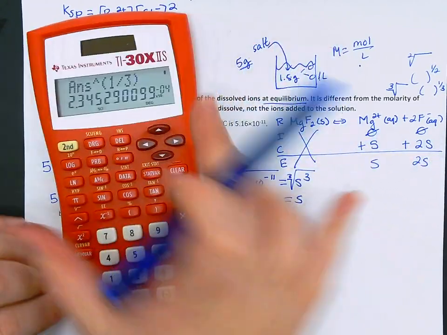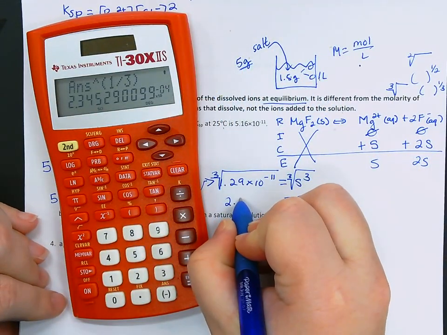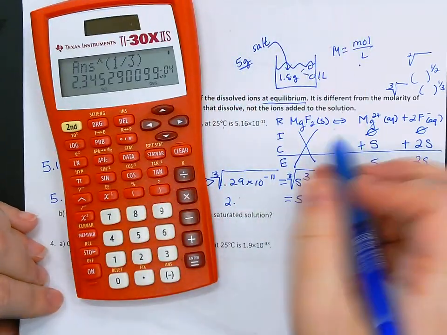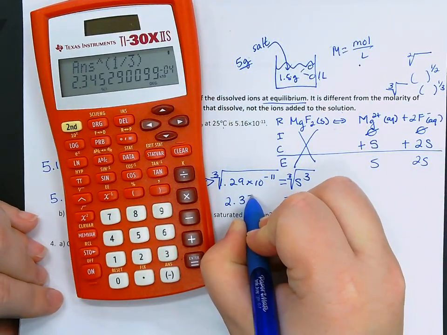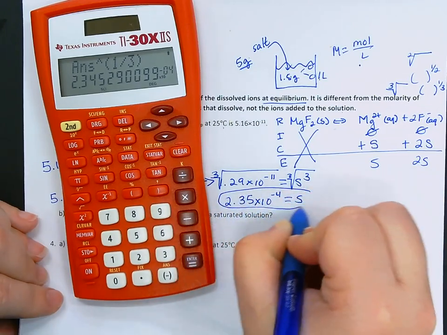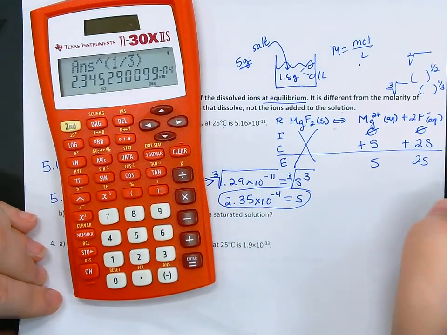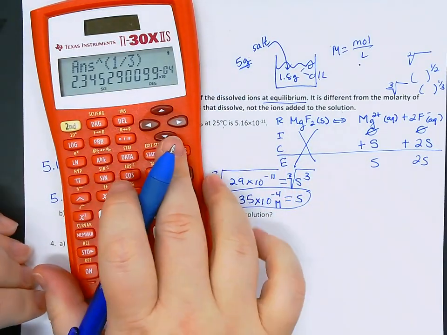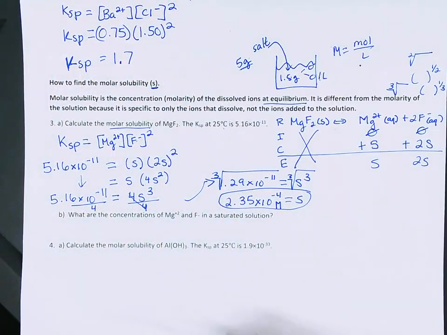And there's our answer. So 2.34, let's see, we had one decimal place or two. We had 2. So 2.35 times 10 to the negative 4 is your mole is S. So that is your molar solubility. So you could put molarity after that, and that is your molar solubility. Okay?